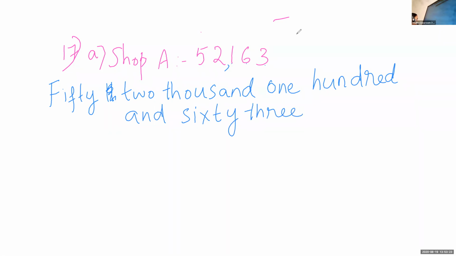So what we have done, the question is, you have to place the comma, then you have to write the number name. So shop A, how will we place the comma? After 3 digits from the right side. 1, 2, 3. After 3 digits we will place the comma. Then we have to write the number name. 52,163. Question number B you will do as homework, all of you.